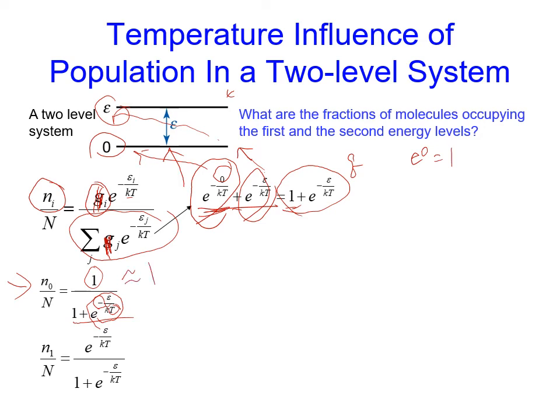So at a very low temperature, almost 100% of molecules occupy the first energy level, which makes sense because if the temperature is very low, then molecules have very small thermal energy to populate the higher energy level.